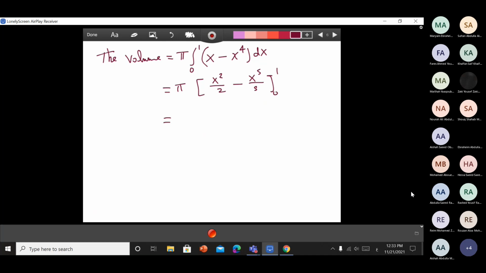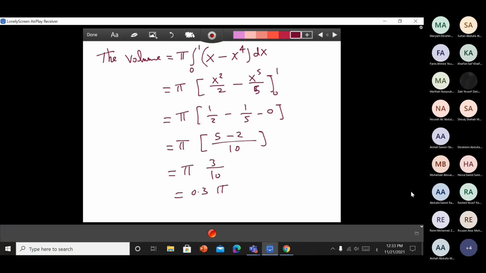Now substituting the upper bound, I have 1 over 2 minus 1 over 5. When I substitute 0, I have 0. The common denominator is 10, so this is (5 minus 2) over 10. So I have 3 over 10, which is exactly 0.3 pi, and the volume is in units cubed. Okay, this is how to find the volume using the washer method.